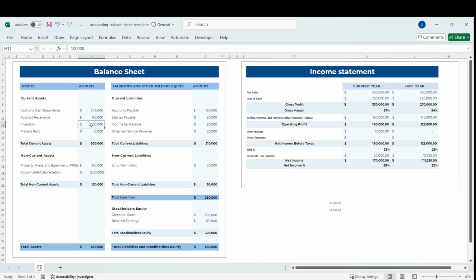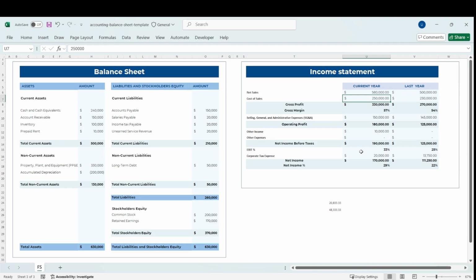That means with 100,000, the company has stock for around 5 months. It should be lower, but because the company has cash and cash equivalents, it's not bad to keep this level of inventory, so we have stock when the customer needs it and can deliver to the customer quickly. So again, inventory of 100,000 represents a high amount compared to the cost of sales.